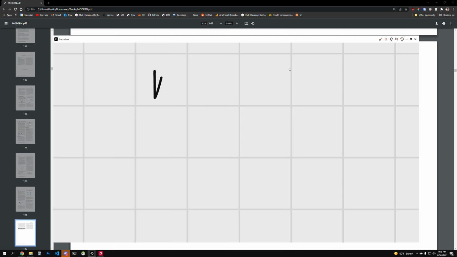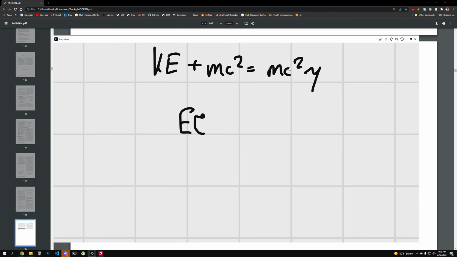And we can define kinetic energy as, there's more than one way to do it. I'm going to do it this way. So if you remember the original derivation, kinetic energy plus mc squared is equal to mc squared gamma. And so our kinetic energy is going to be our relativistic energy, mc squared gamma, minus our rest mass energy.